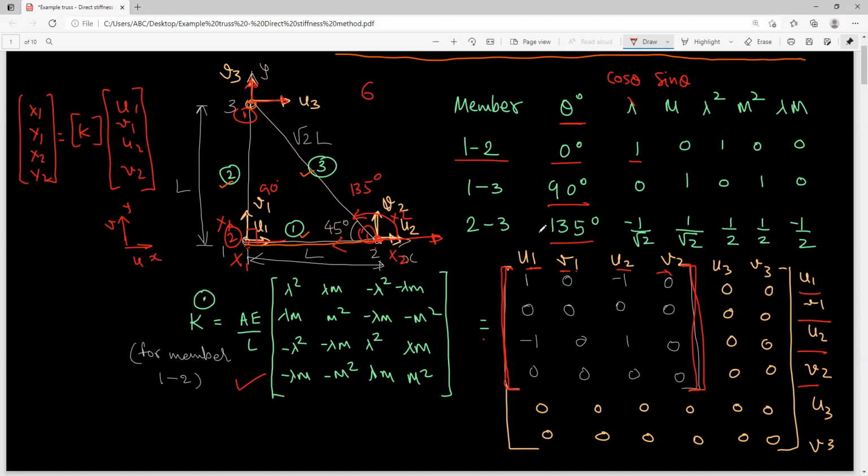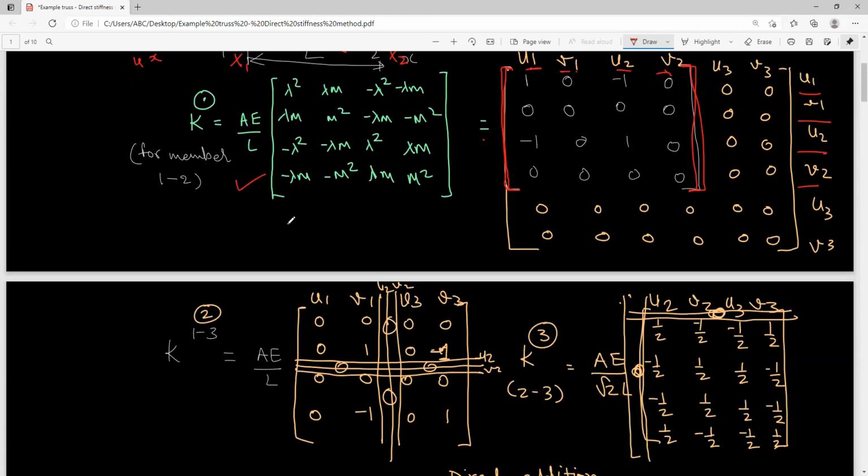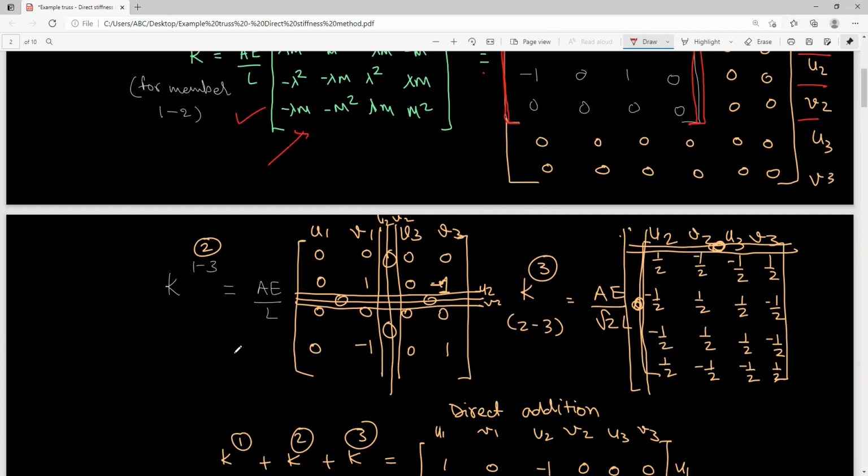We have to do a similar thing for member 1-3. I know all the values and I use the same transformation matrix, and I write the matrix which corresponds to u1 and v1, u3 and v3. It is related to node 1 and node 3.